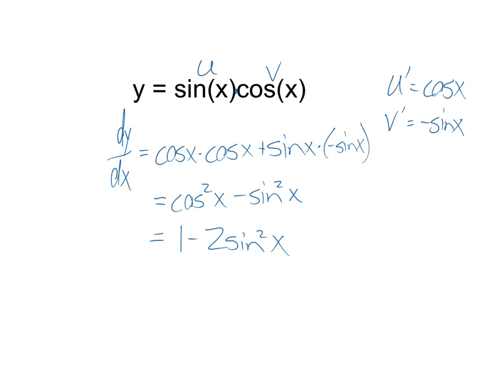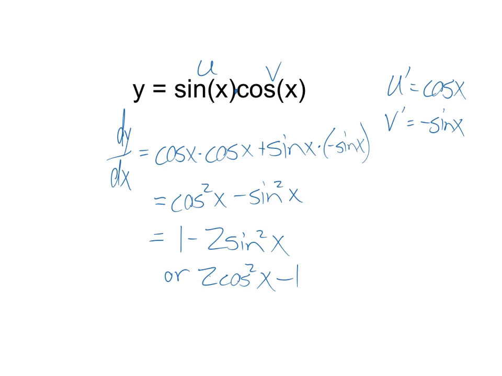Or I could make the sine squared into a cosine: 1 minus cosine squared, and then that would be 2 cosine squared minus 1, because we distribute the negative. All of those are equivalent. We would need one of these two in order to solve it.